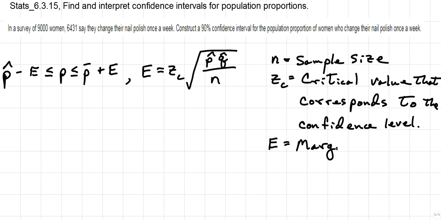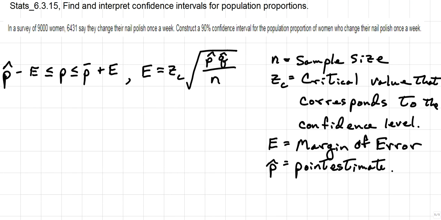And then we'll talk about p hat and q hat. P hat will be our point estimate for the population proportion of successes. So this is going to be point estimate. And as I said, that's going to be successes.